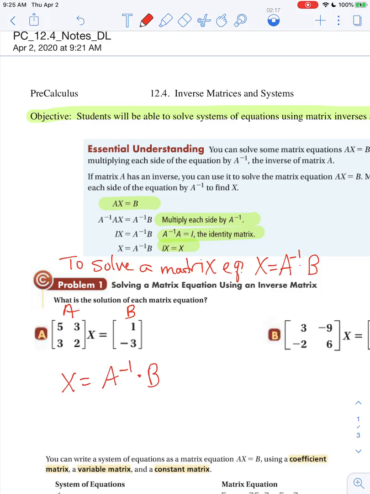So use your graphing calculator, and let me grab mine and do it at the same time. So I'm grabbing a 2x2, and I know you can't see this. So you're going to put in matrix A: 5, 3, 3, 2.